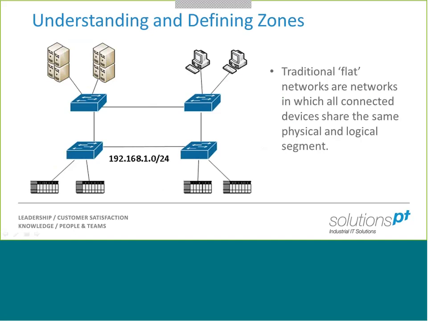There's no real way for us to approach any real methods of security when we've got a flat network. Essentially, every single device within the network can see each other. There's nothing stopping us from adding access control lists, or any kind of filtering to stop devices from being able to talk to each other.